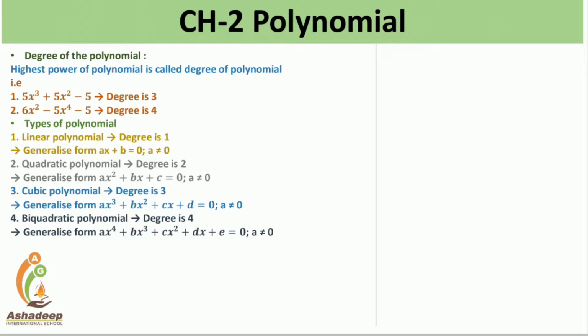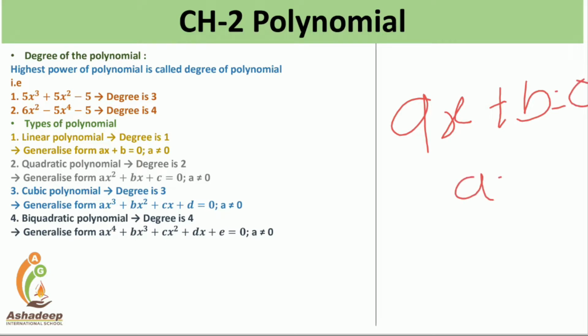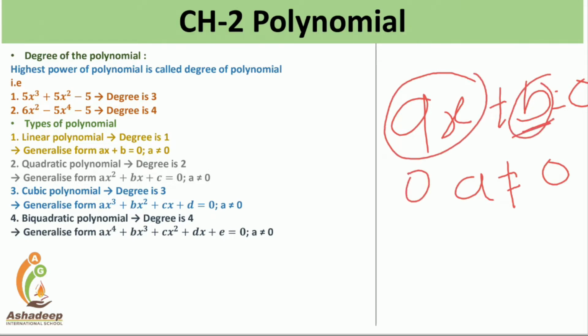Now we must know the generalized form. What is the generalized form of the linear polynomial? That is ax plus b equals 0. The condition is a must not equal 0. Why? Because if a is 0, this term is going to be 0, so the only term remaining is b, and that is called constant polynomial.